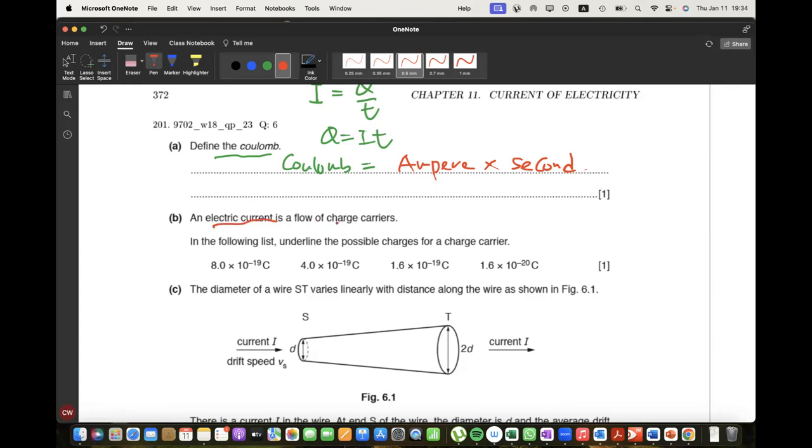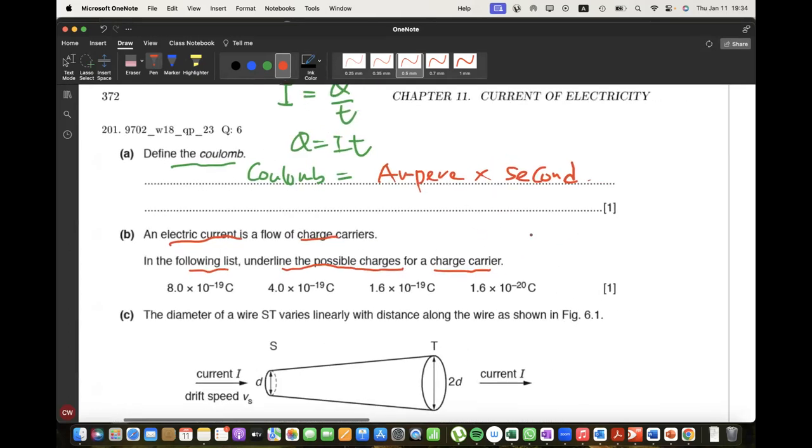Electric current is a flow of the charge. The following list underline the possible charges for a charge carrier. Okay. So the charge must be equal to n times 1.6 times 10 to the power of minus 19 coulomb. It must be a multiple of this.